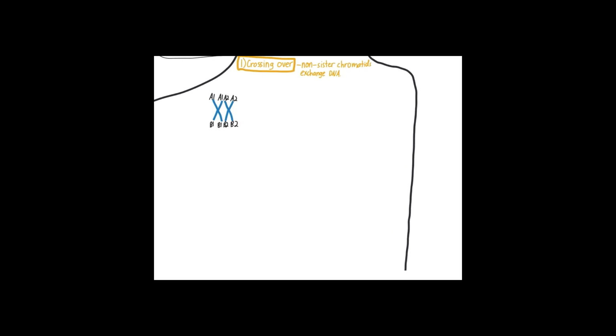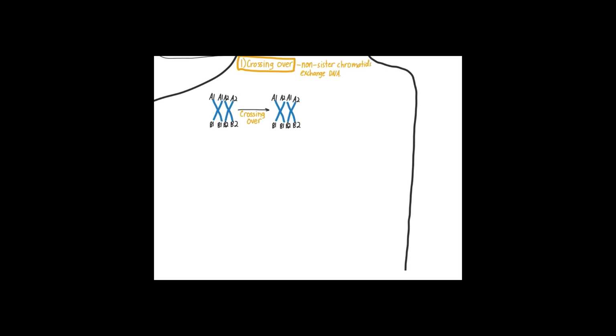Here is one of our tetrads as it appears before crossing over. Notice that both sister chromatids of each chromosome have the same alleles. During crossing over, both chromosomes break, and part of each is reattached to the other non-sister chromatid.